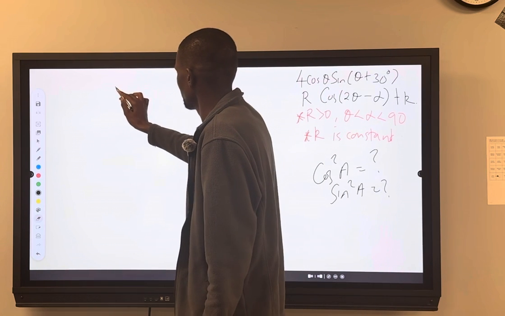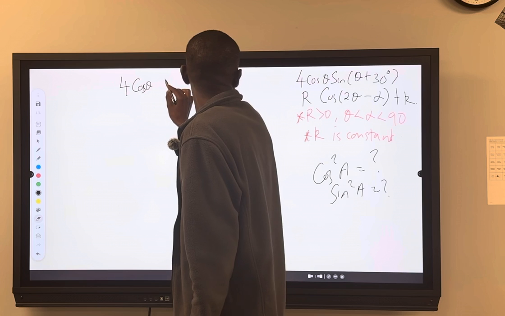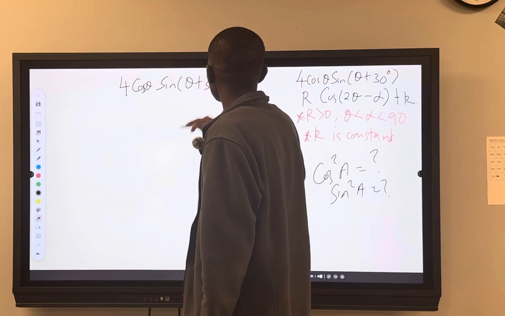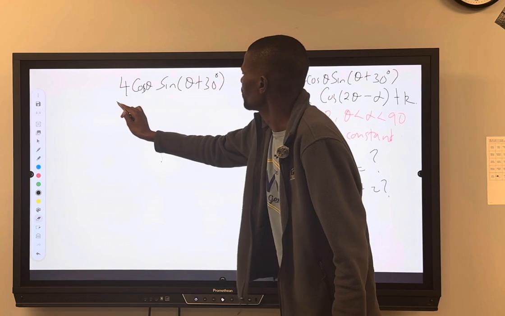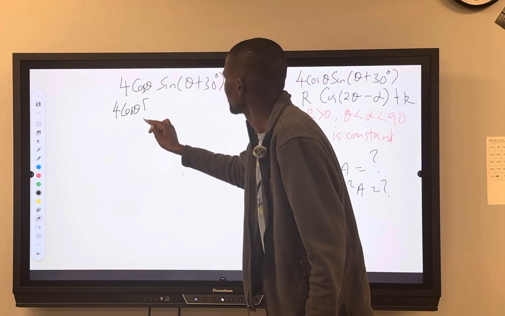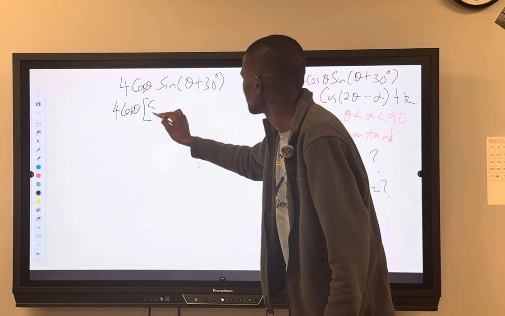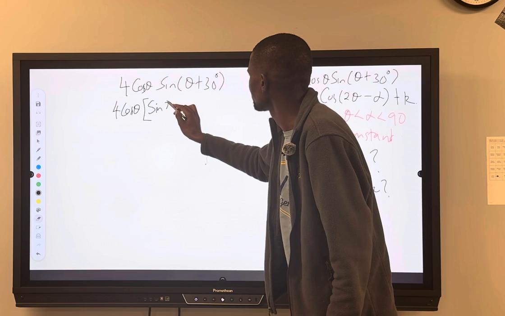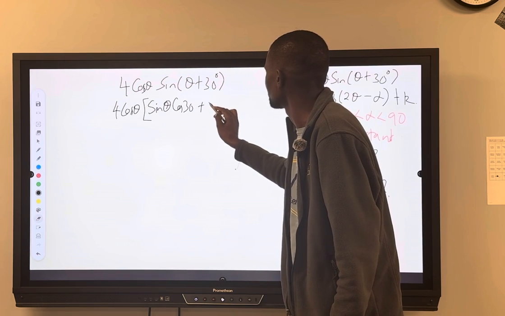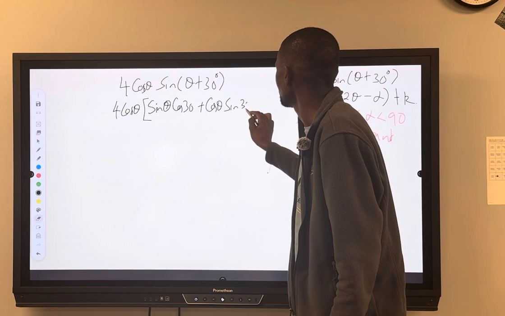So we have 4 cos theta sin(theta + 30 degrees), right? You can keep the 4 cos theta here, then expand this using the compound angle formula. That is the same as sin theta cos 30 degrees plus cos theta sin 30 degrees.